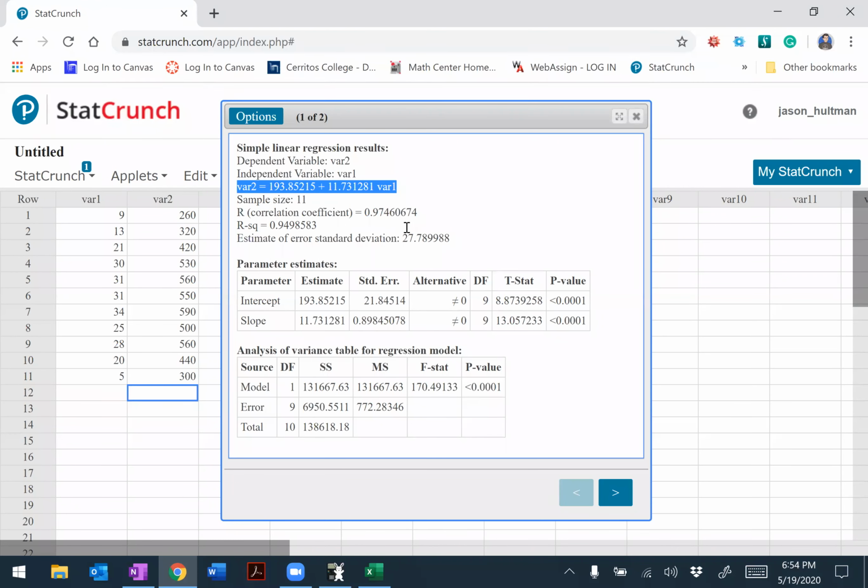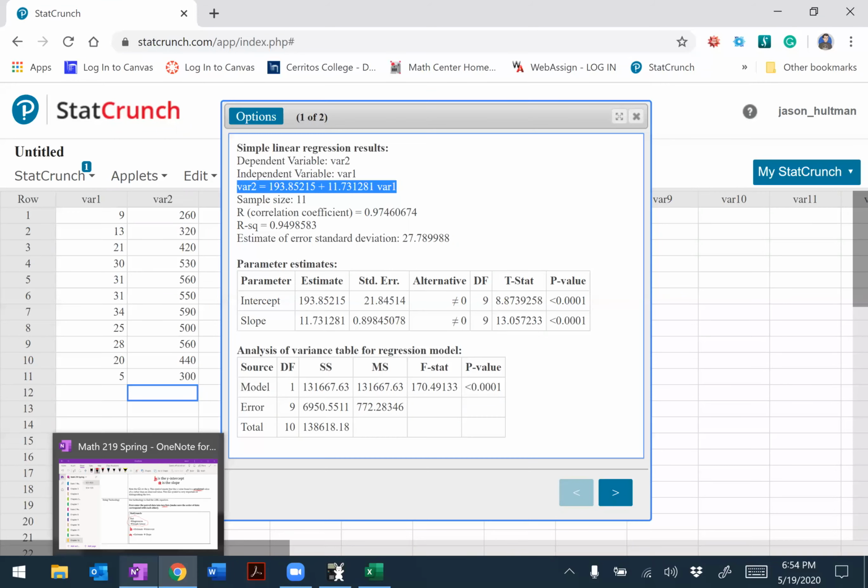I didn't have to do that separately. That's nice. This says that var2 equals 193.85 plus 11.73 times var1. So let me explain what this means.